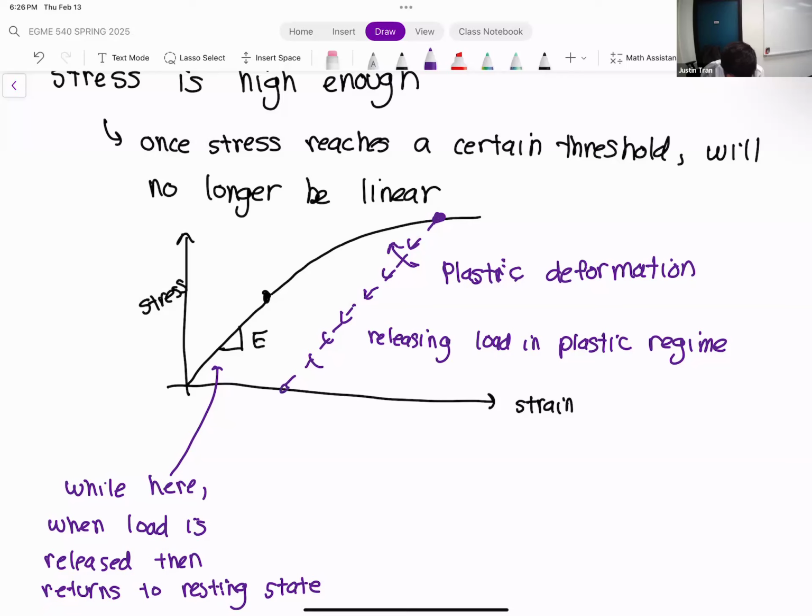This point right here is the residual. That's always going to be present: if you reach the plastic regime, even if you release the load, there's going to be permanent damage to your material, permanent damage to your part. So for most cases, if you ever reach plastic deformation, that's basically considered a material failure.